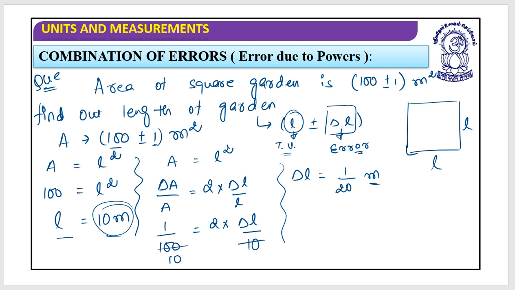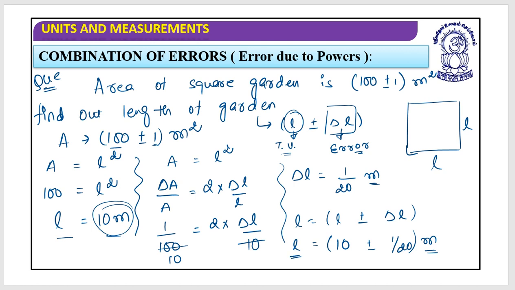Yes, well done. You did your job. Now the length of the garden, which I should represent as L plus minus delta L, can be given as 10 plus minus 1 by 20th of a meter.